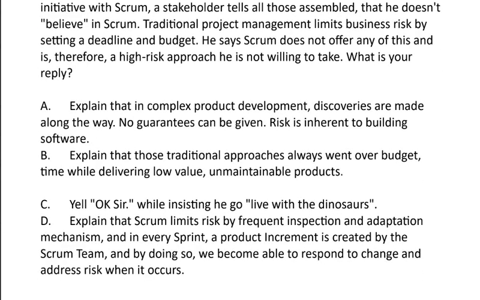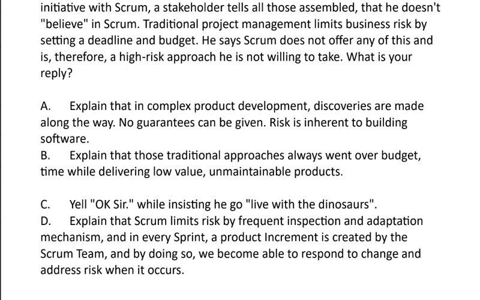Option A, explain that in complex product development, discoveries are made along the way. No guarantees can be given. Risk is inherent to building software. Option B, explain that those traditional approaches always went over budget, time, while delivering low value, unmaintainable products. Option C, yell okay sir, while insisting he go live with the dinosaurs.